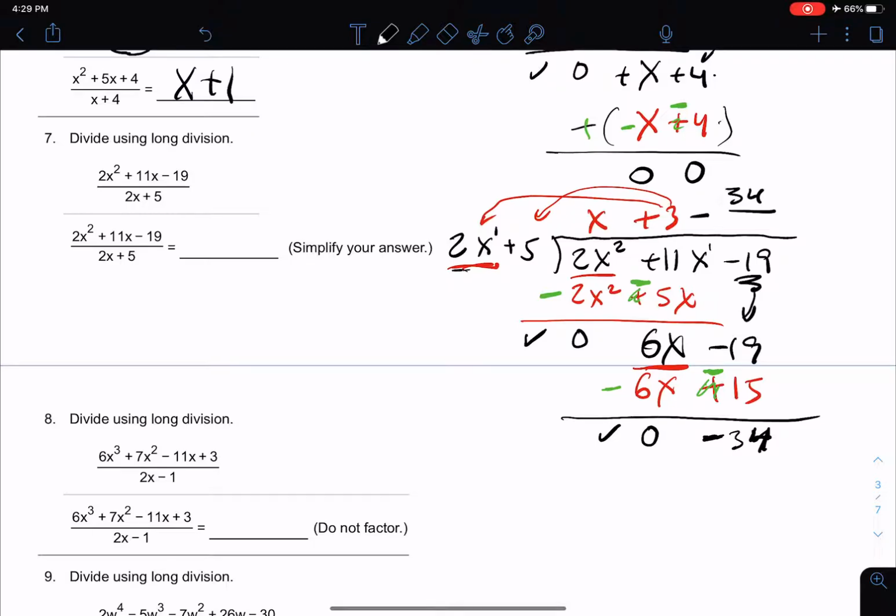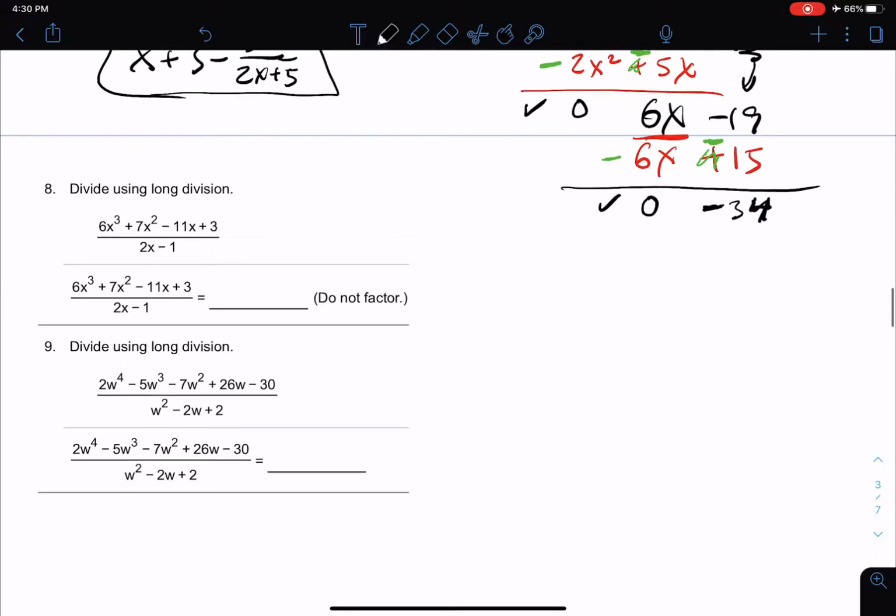What's the divisor? Divisor's right here, 2x plus 5. So what is the full answer? The full answer would be, and I put it in MyLab this way just to make sure it was going to take it, x plus 3 minus the remainder, which is 34 over the divisor, 2x plus 5. And that is the answer.